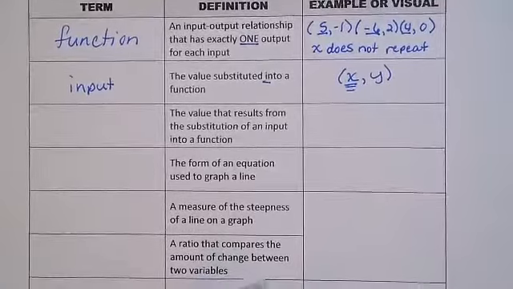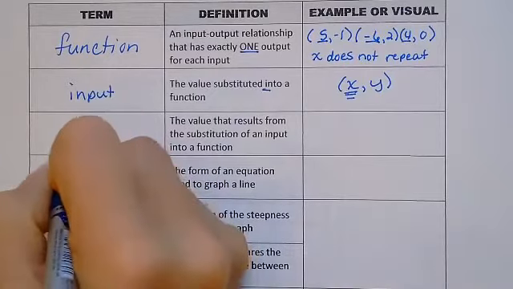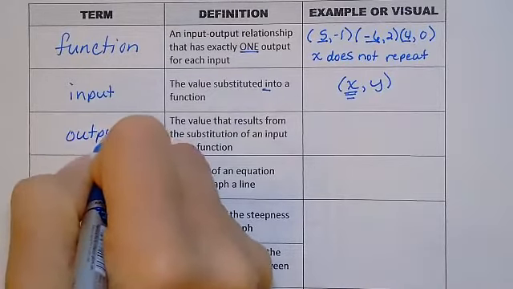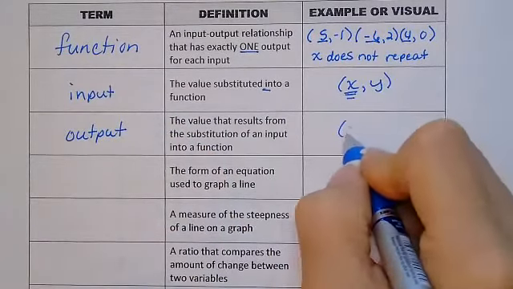Okay, the value that results from the substitution of an input into a function is an output. In our ordered pair, it would be the Y.